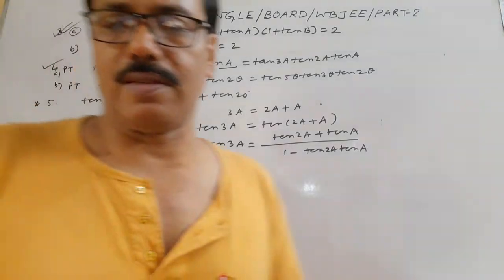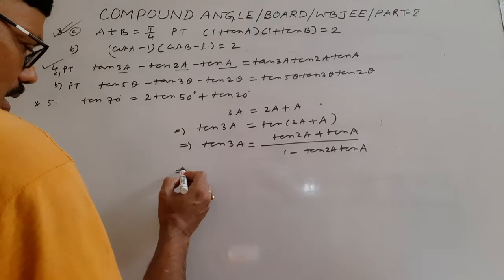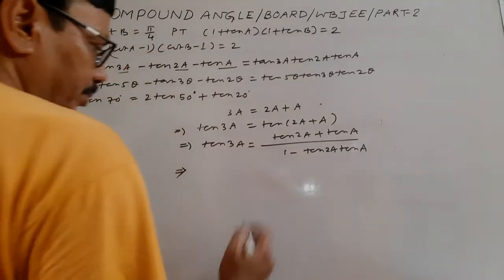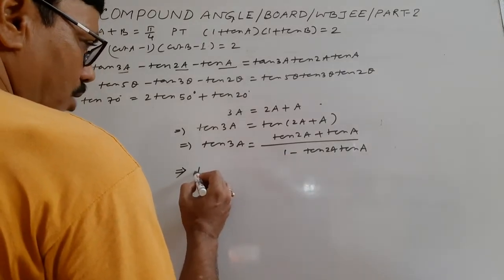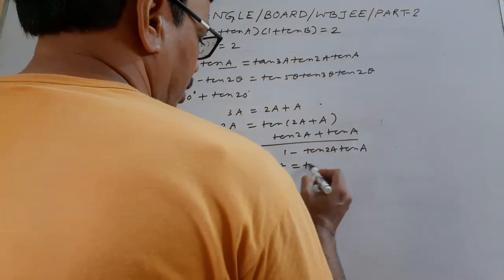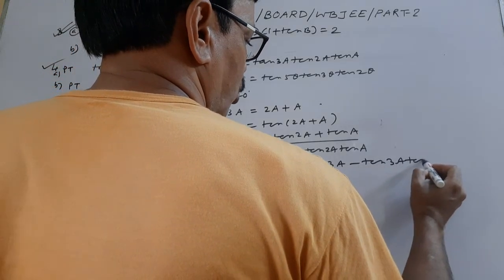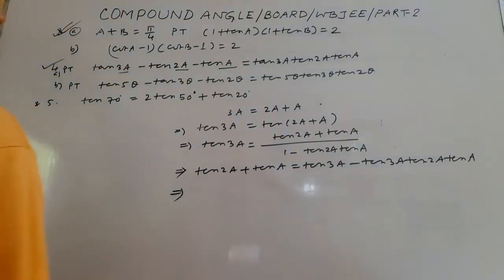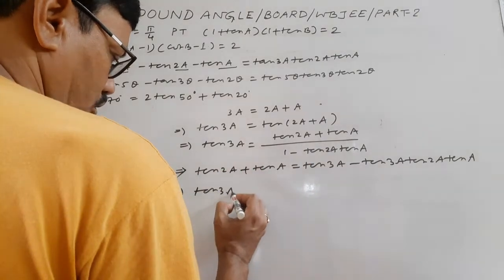Then exactly the same, do cross multiplication and write the answer according to the result. So tan 2a plus tan a equals tan 3a minus tan 3a, tan 2a, tan a. Now look at the result. Tan 3a is positive, so tan 3a is unchanged.